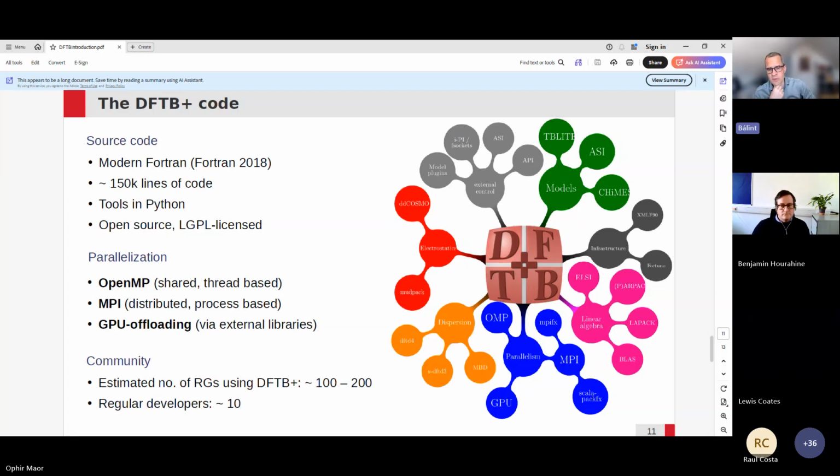As for the community, it's very difficult to judge, but based on the citations which we have, I would guess that we have roughly somewhere between 100 and 200 active research groups who are really using the DFTB+ code, making simulations with that and publishing scientific results with that.